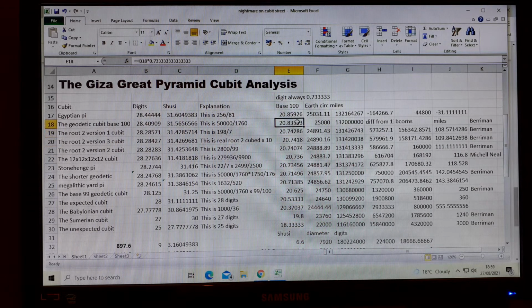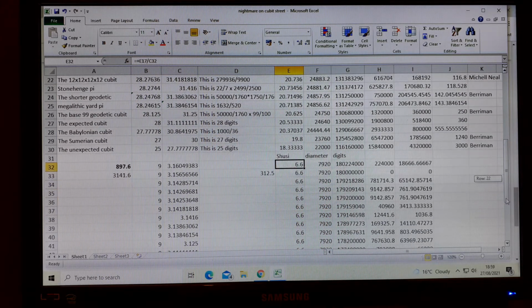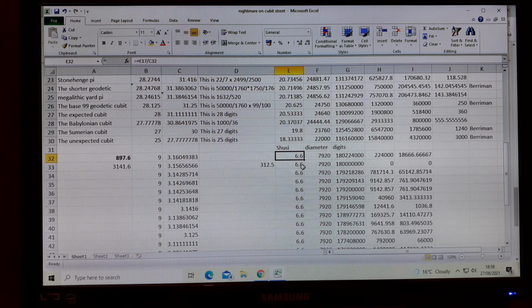And what this means is, when we divide the Cubit by the version of pi that is in this column, we get a fixed number. 10 Shusi. It's incredible. I'm going to get rid of that, it's not in the right place. So, here is the Shusi. The diameter that the Cubit is calculated against.